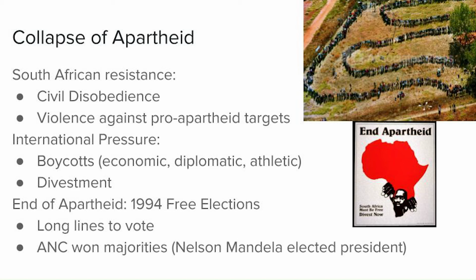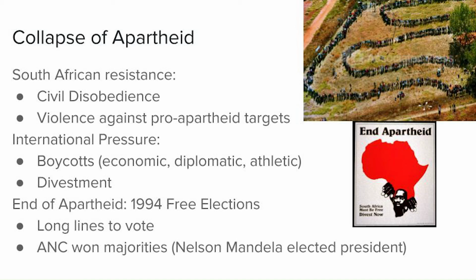In addition to those internal resistance, we also began to see in the 1980s international pressure against the government of South Africa. There were boycotts. People boycotted South African products. People boycotted South African governments, right? The South African government and their diplomats, their ambassadors were not welcome in certain countries because of these policies.